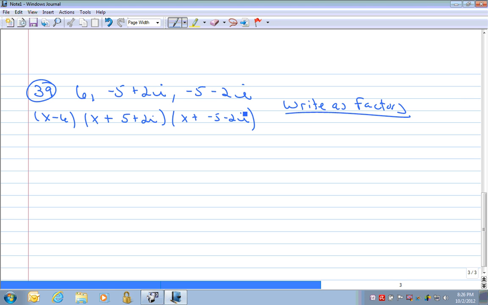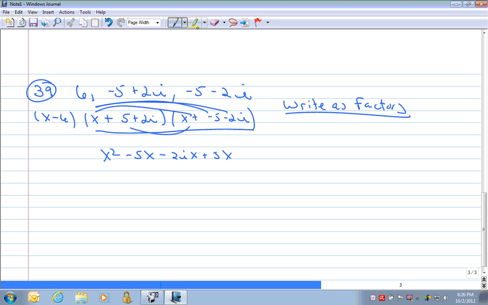And now we would need to multiply all those out. I'm going to multiply these together first. This is going to be the one that takes us a while. So we would have x times x, which is x squared. We would have x times negative 5, which would be negative 5x. And x times negative 2i, which would be negative 2ix. And then we would go with the 5. 5 times x is positive 5x.